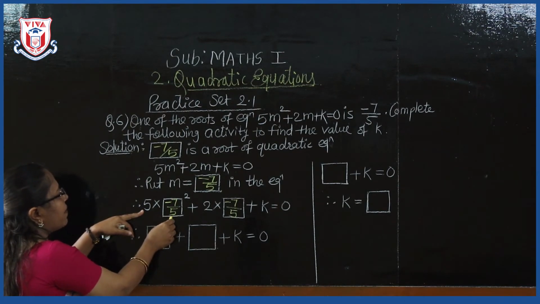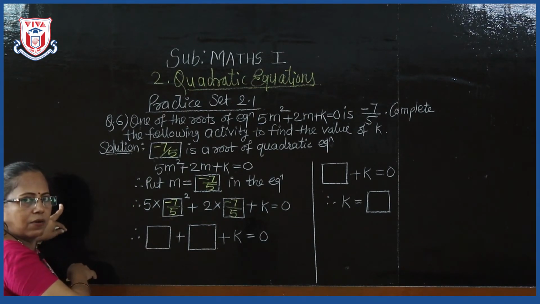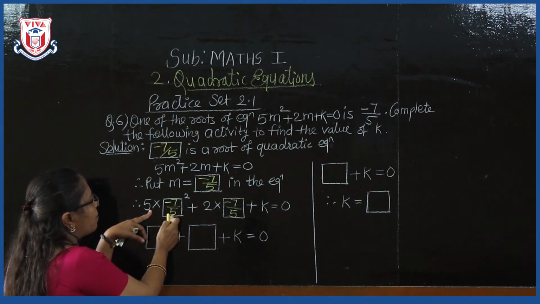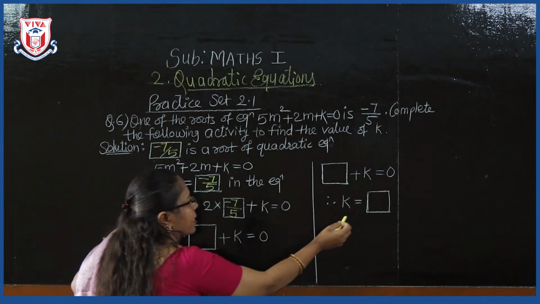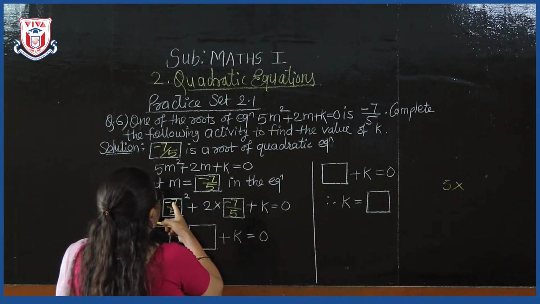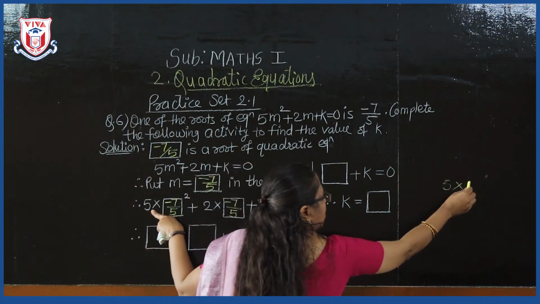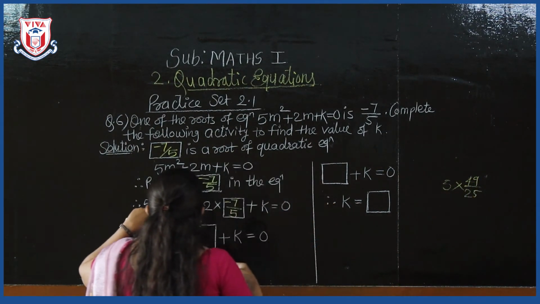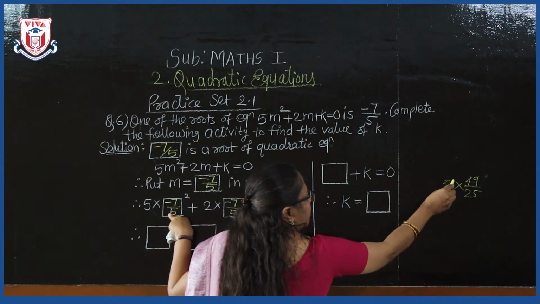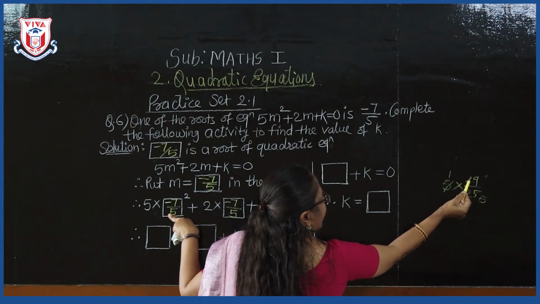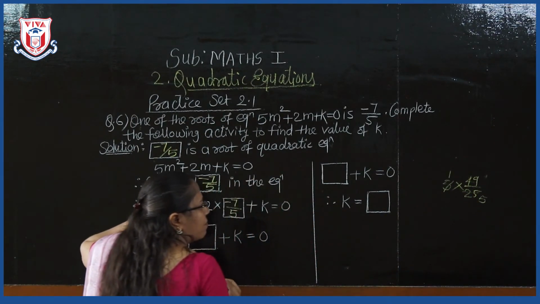Now we have to simplify here, we have to write the direct answer. So to simplify this you can do rough work here. So here 5 into (minus 7 upon 5) square, we will do rough work there. 5 into the square of minus 7 is 49, upon 25. So to simplify this, 5 1s are 5, 5 5s are 25. So you will get the answer 49 upon 5.